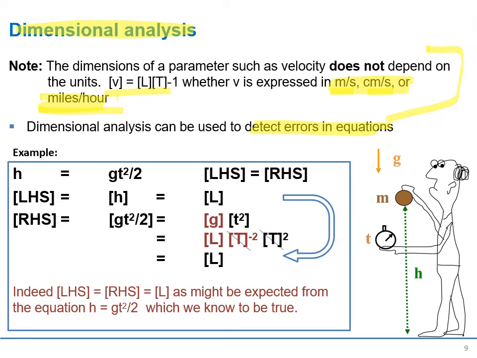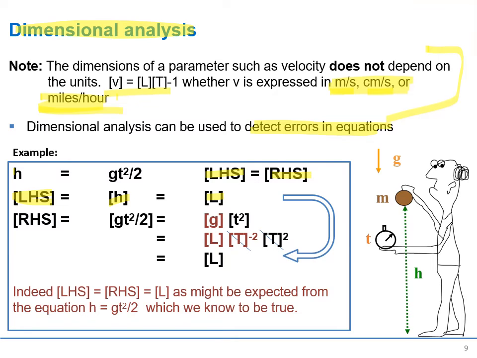Now let's check this equation. For example, you have h equals half of g t squared. Again, when you're doing dimensional analysis, you just need to check whether your left hand side equals your right hand side. Your left hand side is h, which means just the height.